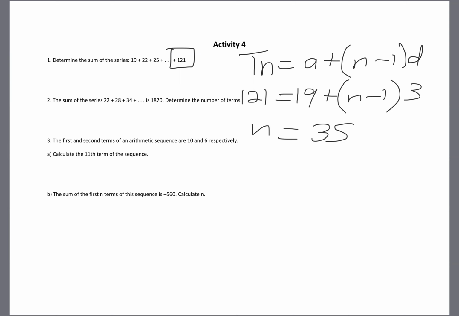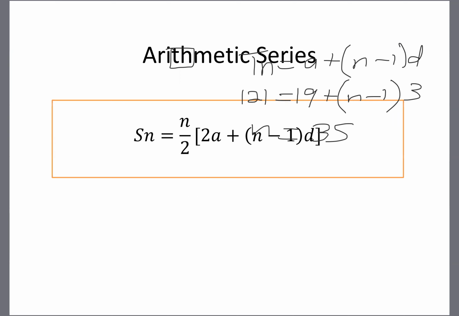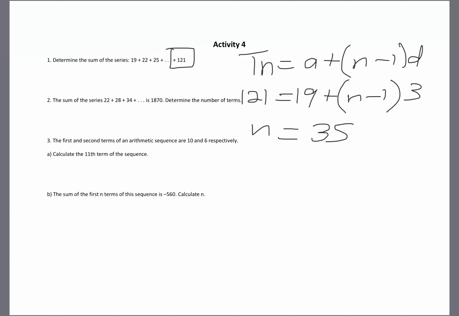Yes, ma'am. Okay, great. So now once you have this 35, you can go to this equation here and just substitute. So my equation says that Sn is equal to n over 2 times 2a, sorry, please just hold on quickly.